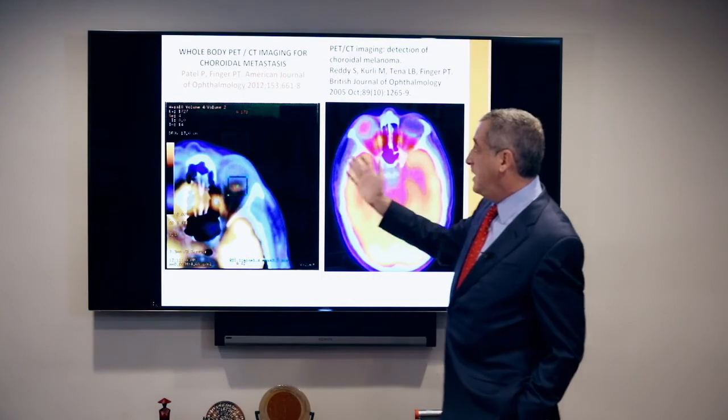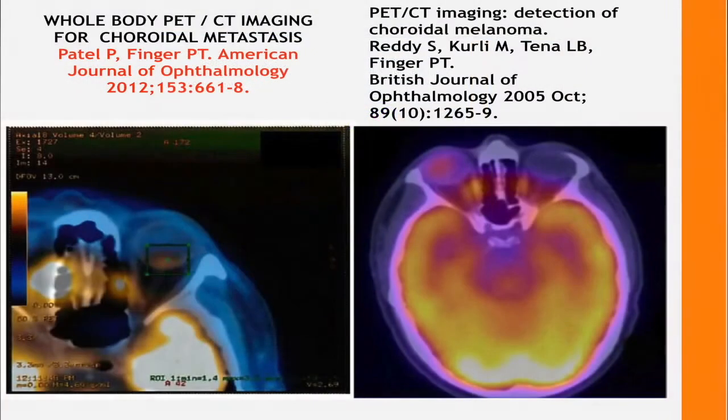And we looked at the same thing in this paper of the metastasis, and an interesting finding came out, and that was that the metastasis for size was much brighter than the choroidal melanomas of similar sizes. And so that is also another aspect that we could consider when trying to differentiate the two.